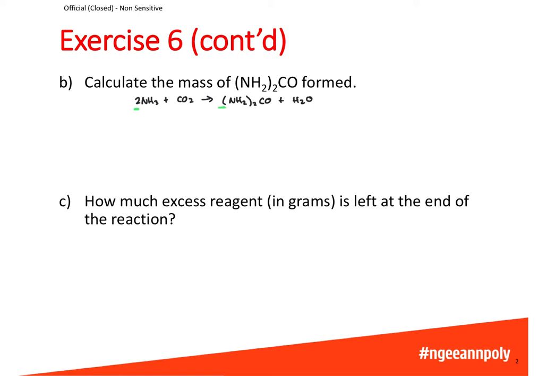In part A, we have already calculated the number of moles of NH3. So going by mole ratio, the moles of urea formed would be the moles of NH3 divided by 2.